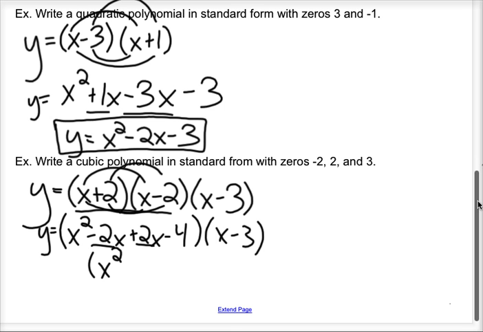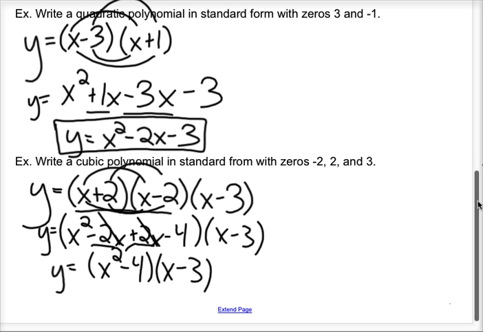Now notice -2x and 2x actually end up canceling off. So we're actually just left with this. Now we can bind the first two parentheses together, but we still have to FOIL again. So for cubics, remember, you're going to have to FOIL/distribute through this twice.